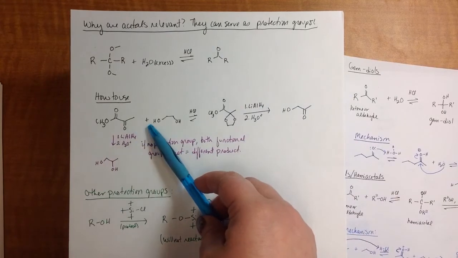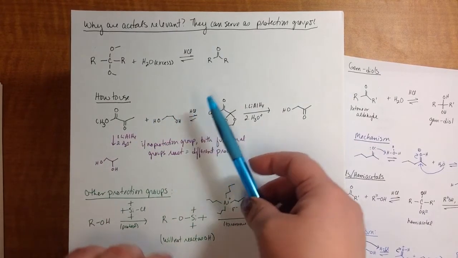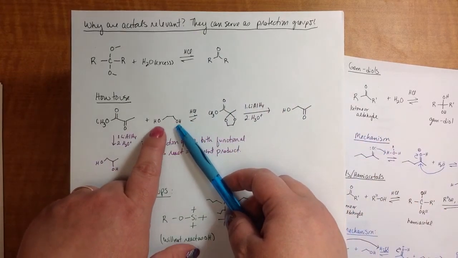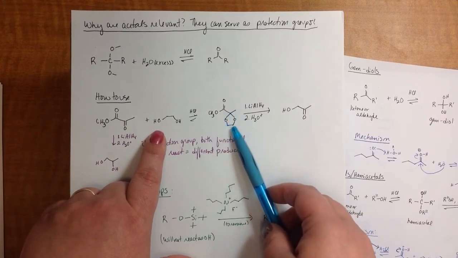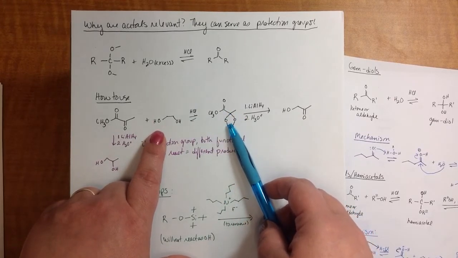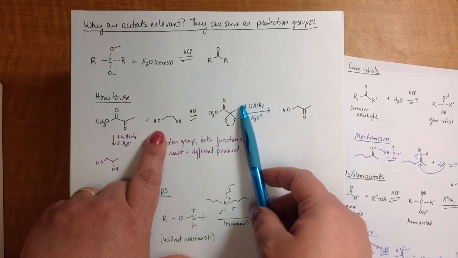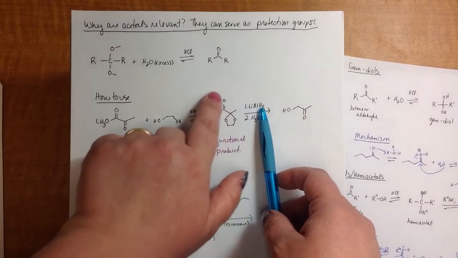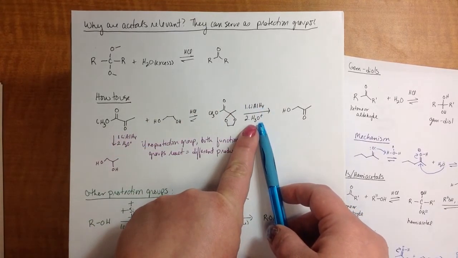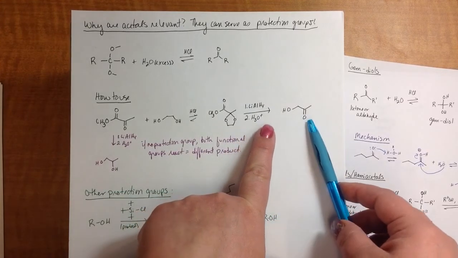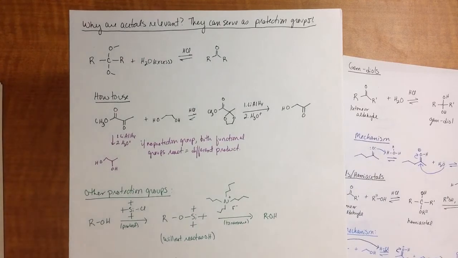I do that by adding ethylene glycol and HCl. So imagine this is your alcohol, but it's just happening to be both ends. And this would be your acetal, where both ends are connected. You can then react it with lithium aluminum hydride, which will turn this guy into an OH. And when you react it with H3O+, that will come off because that's in equilibrium as well, and you end up with that guy.